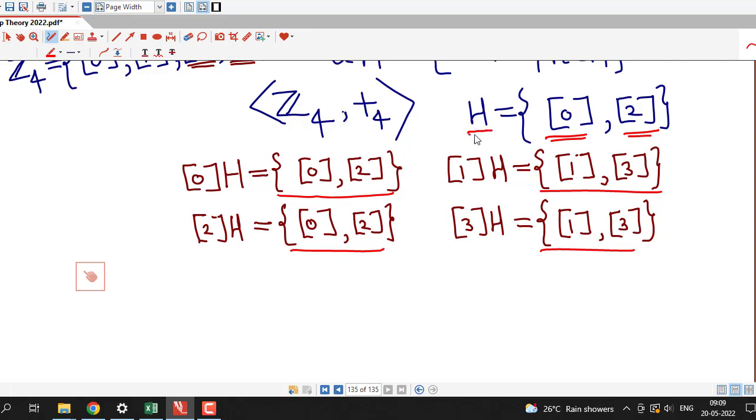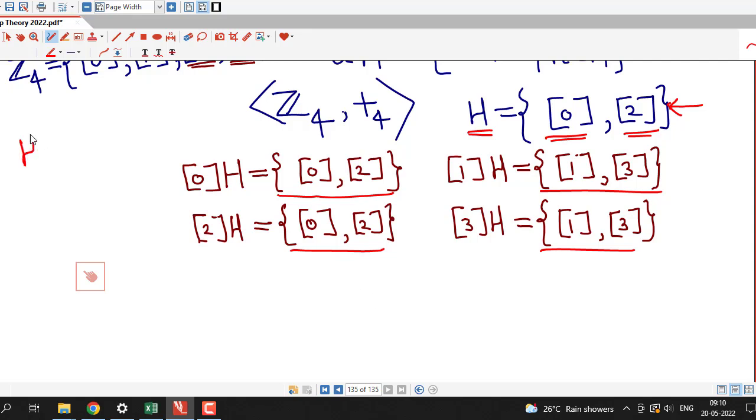Here there are 2 elements in the subgroup H, and every left coset of H has the same number of elements. This is not true only for this example, but is true in general.